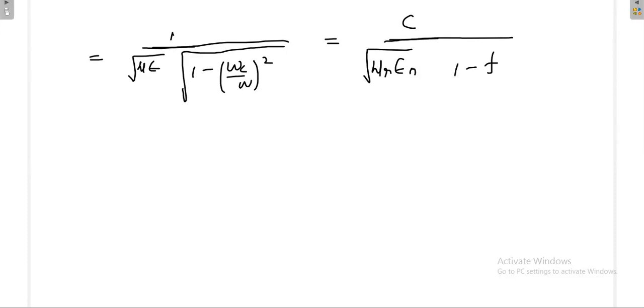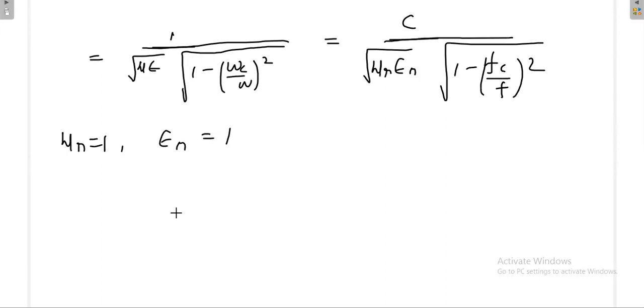This can also be written as 1 minus fc divided by f, whole square, overall square root. And you know that whenever you are in free space, if the medium is free space, mu r is equal to 1 and epsilon r is equal to 1, then finally what is the phase velocity?